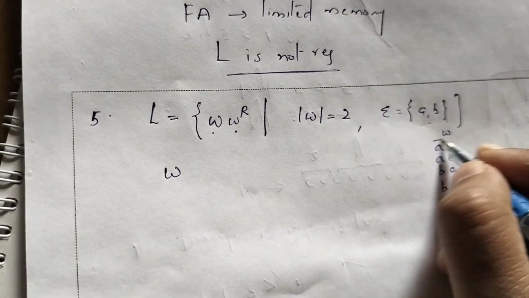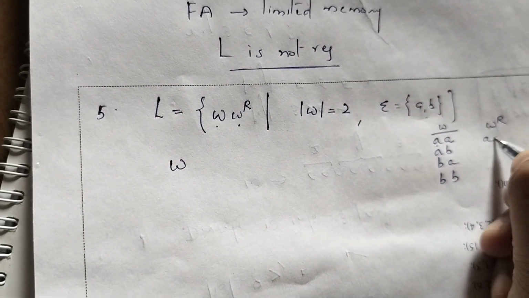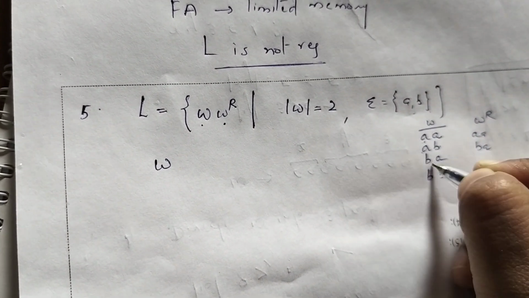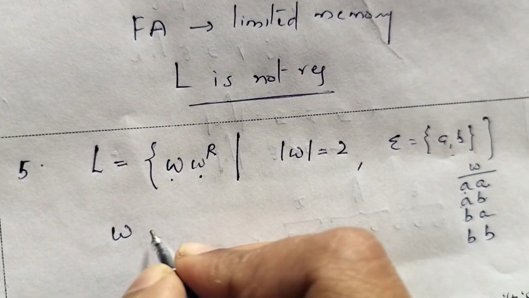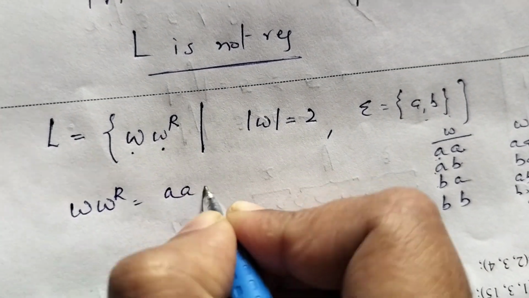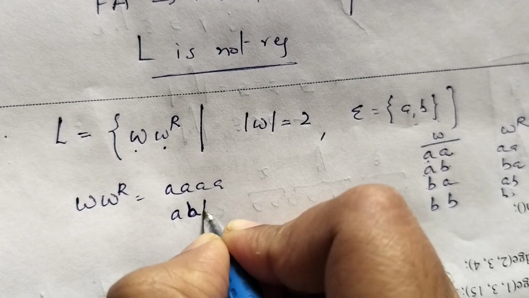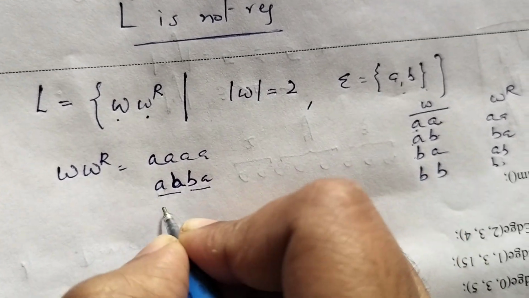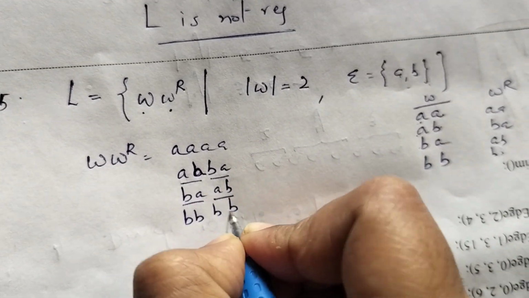This is W. W power R means reverse: AA, BA, AB, and BB.